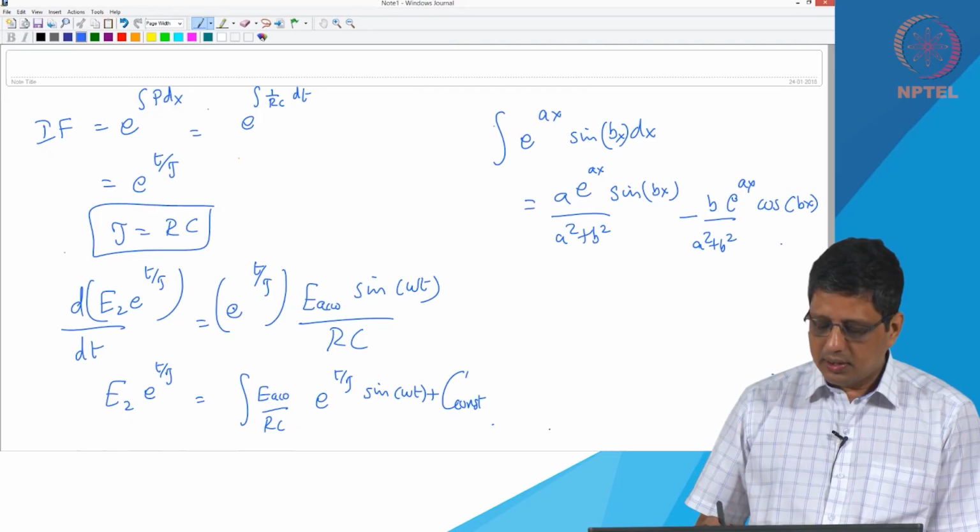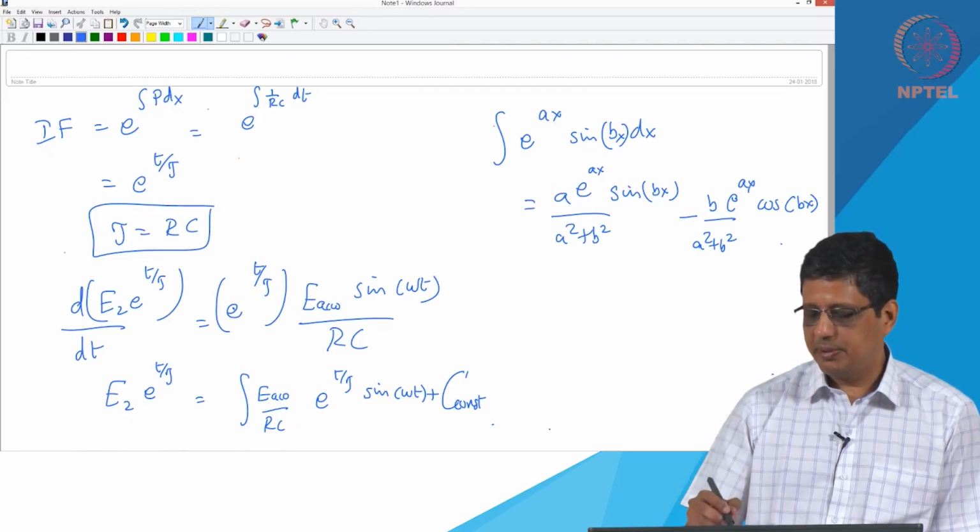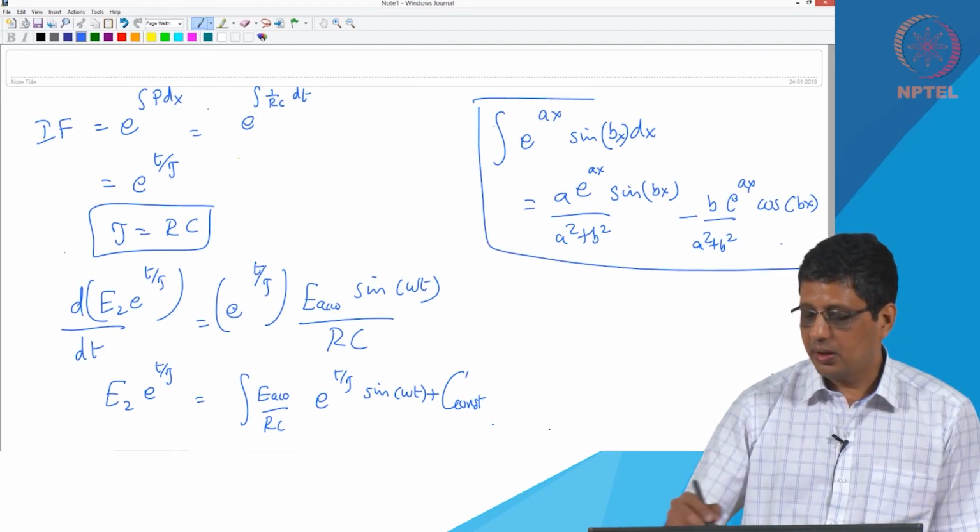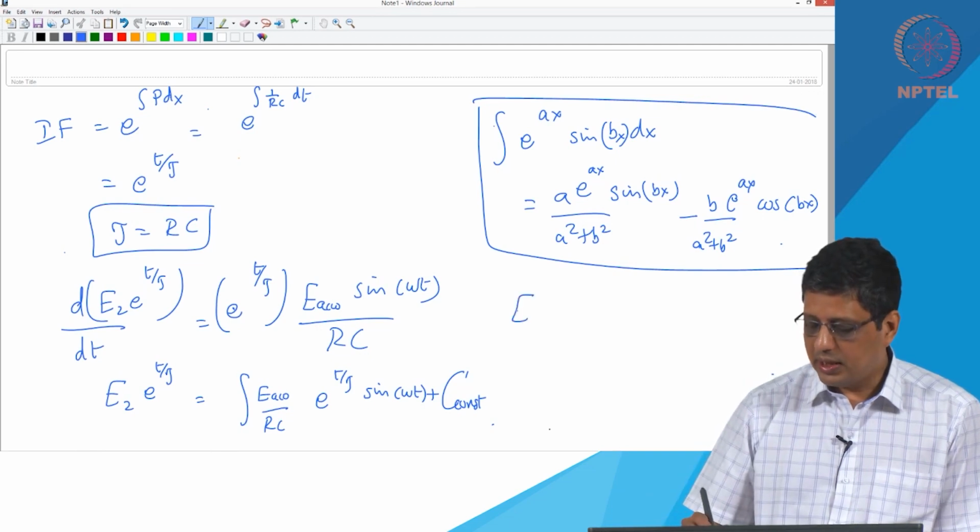Now, the equation here I can use this expression and I would get the value as E2 e power t by tau.